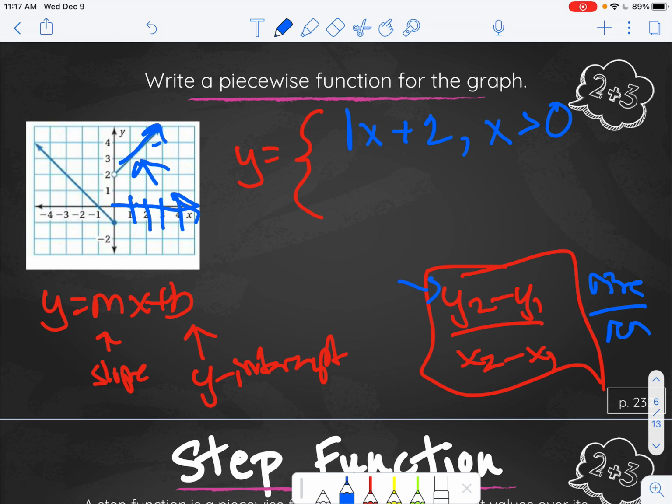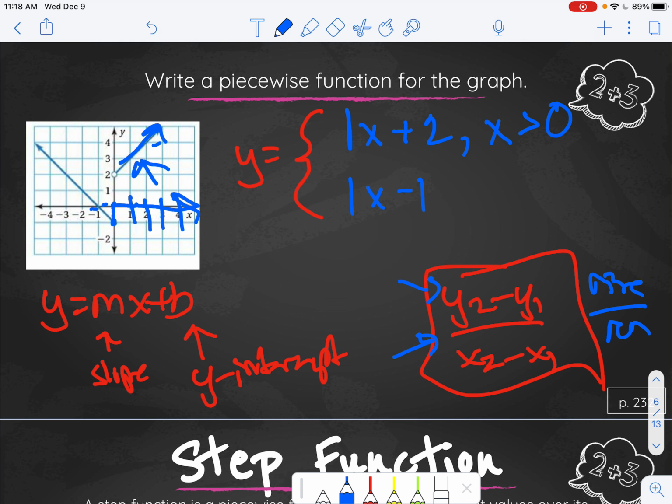Now let's write our other line. We can see right away we have a y-intercept of -1, and then it looks like our rise and our run, again, is just 1. We really don't even have to write in that 1, but it's not bad if we do.